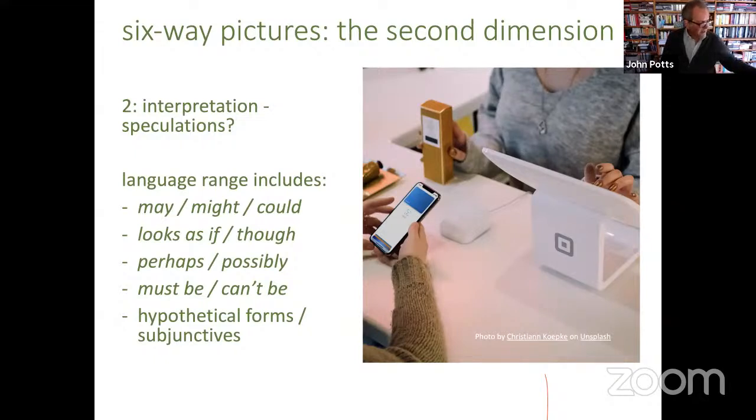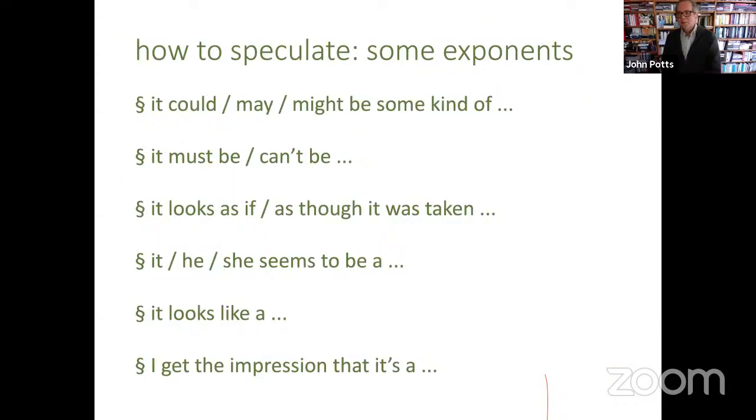Okay, so let's have a look now at the next dimension. Oh, sorry, before we move, let's just look at a quick slide here that shows some different exponents for speculating. Remember, I mentioned exponents, the different ways that we express a function. So it could be, it might be, it may be. We've got 3 exponents there. It must be and can't be, and so on. So exponents are the different language forms that we use in order to express the same function.